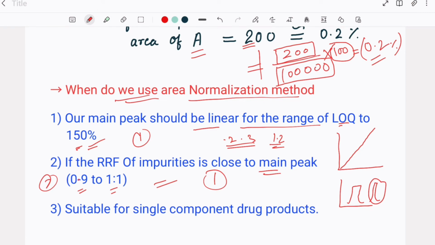There you have to use the diluted standard method. But if the RRF of the impurities present in this method or any method is close to 1, at least 0.9 to 1.1, then only this method is applicable. In this case you don't have to use the RRF values, you can just multiply by 1, or if we are using RF, and we can calculate the percentage of impurities.